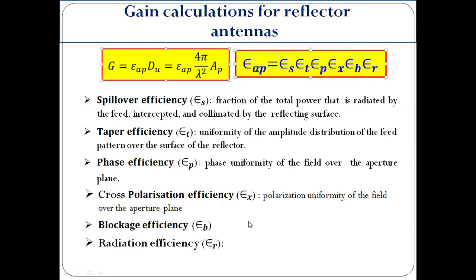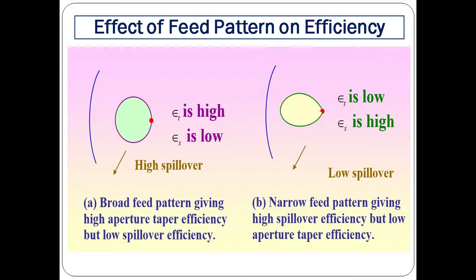So what is the effect of feed pattern on the efficiency? That depends upon the feed pattern produced by the feed. If the feed is producing a broader feed pattern, that gives high aperture taper efficiency, that means low spillover efficiency.